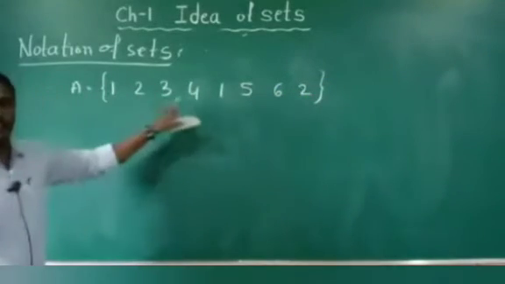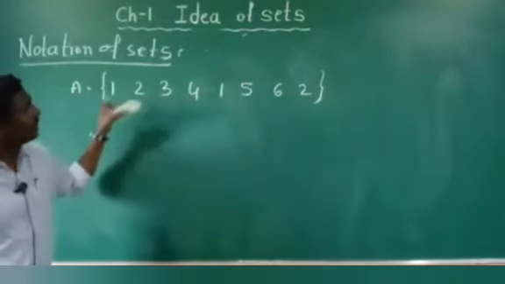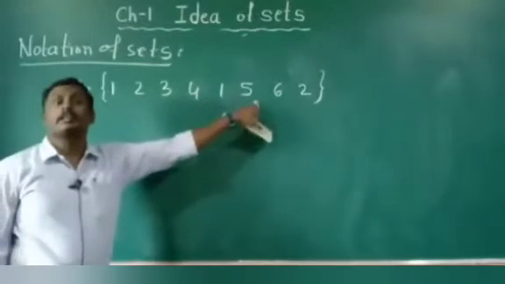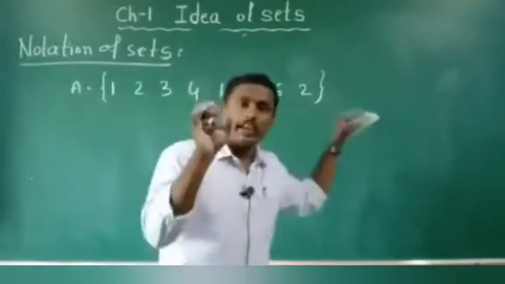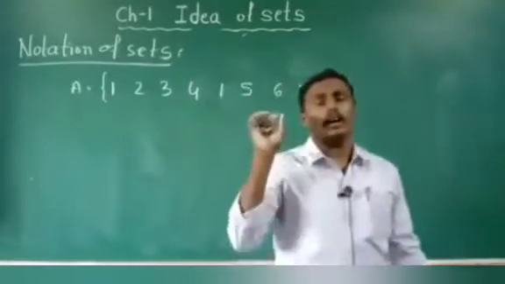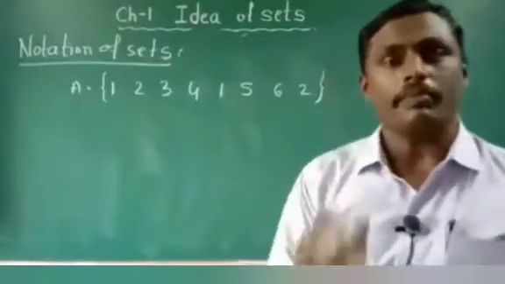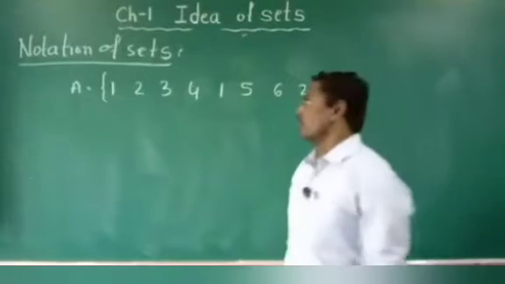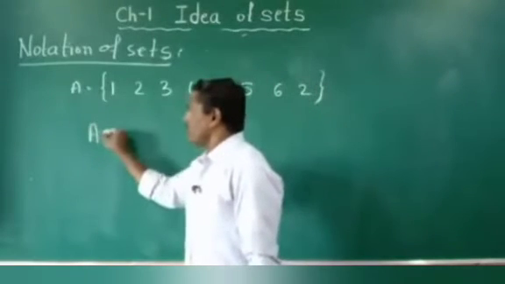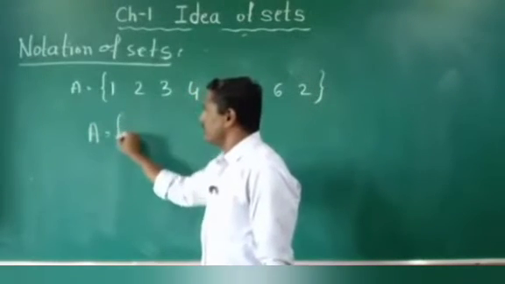This is a collection of numbers. This kind of collection is not well defined. Whenever the elements or objects or members repeat more than once, we consider it one time only. For example, I will write the same set once again.